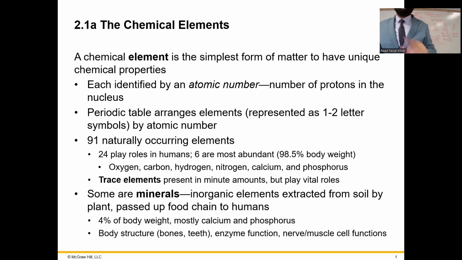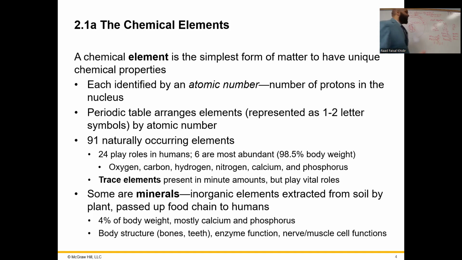You're another atom, another element. So that one is always the same. The proton number is 1 for all of them. But the mass number is 3 because the neutron number equals 2.